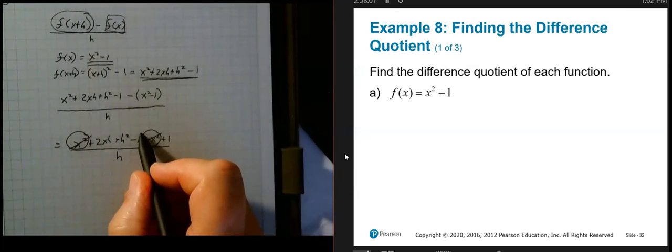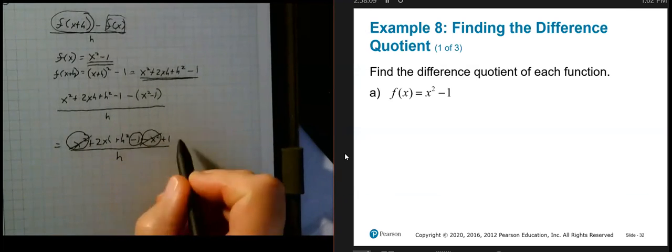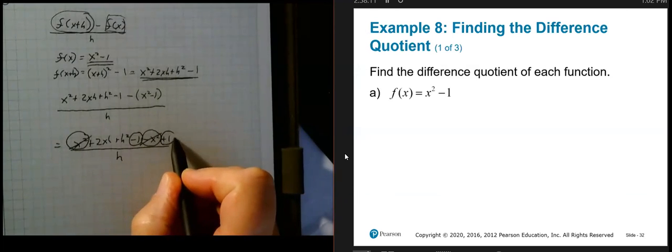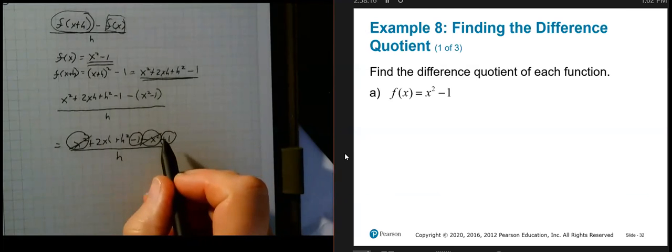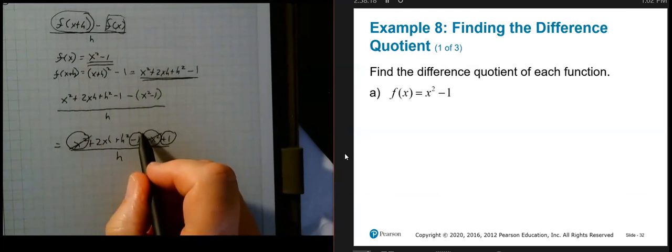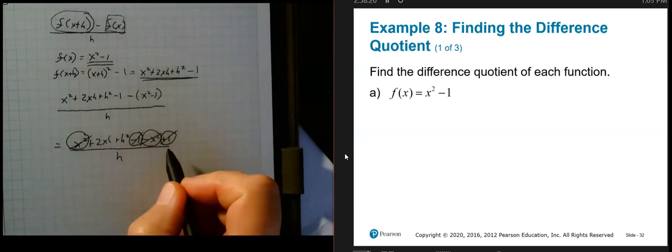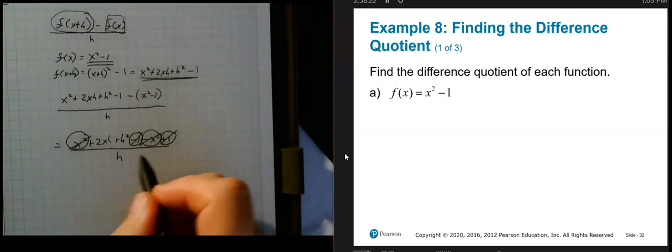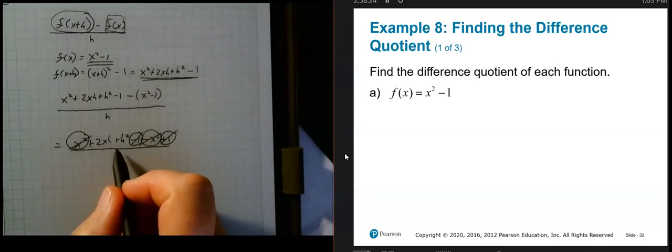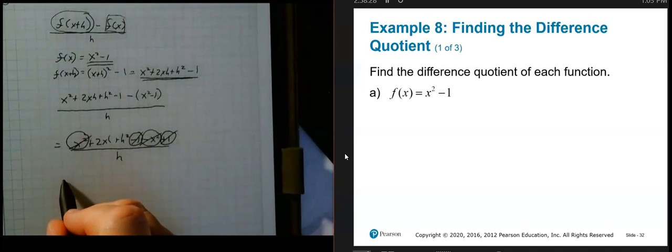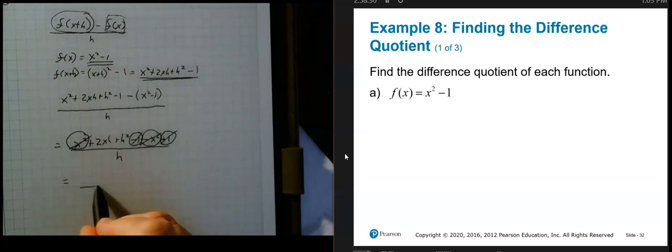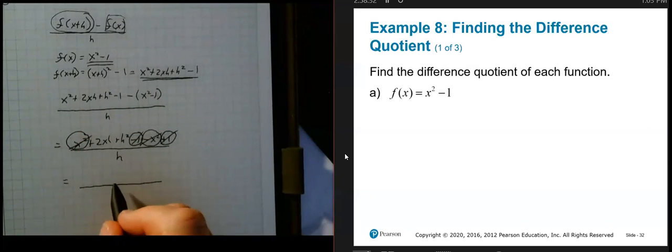Here I have minus 1 and I have a plus 1. Minus 1 plus 1 is 0 again, so they cancel out. The xh and the h squared are different terms, so there's no combining there. And so everything left behind in the numerator has an h in it.